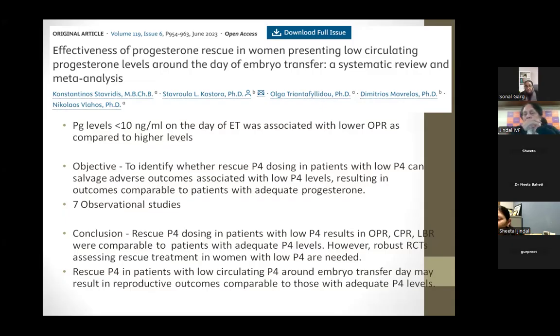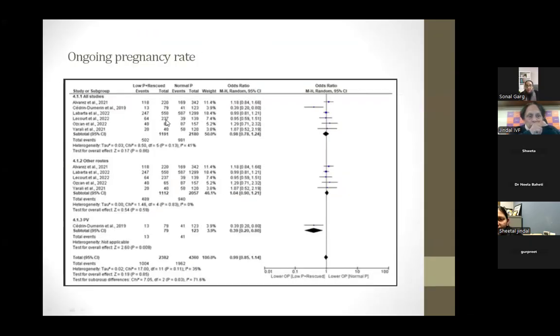They were able to give good reproductive outcomes as compared to those in whom the progesterone levels were adequate. In this low progesterone group in which rescue progesterone was used, the clinical pregnancy rate and ongoing pregnancy outcomes were almost similar to those in which normal progesterone was used.